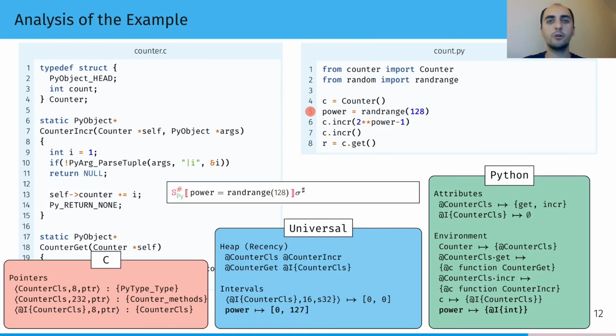So sharing the numerical domain provides additional precision in the case of relational analysis. And you can also note another thing, which is that the abstract information about the counter class is spread across different languages. So here, for example, and there.